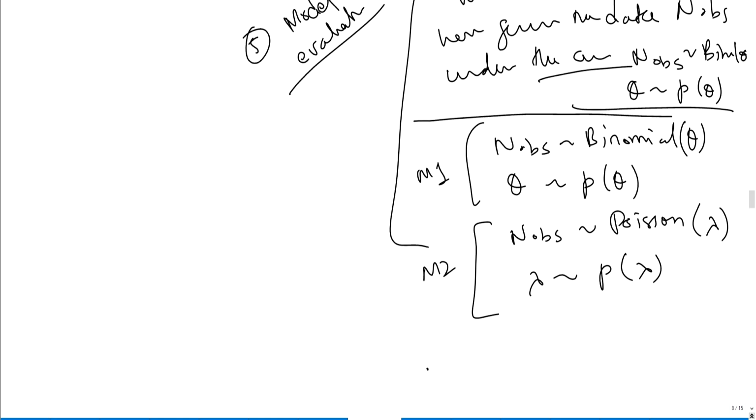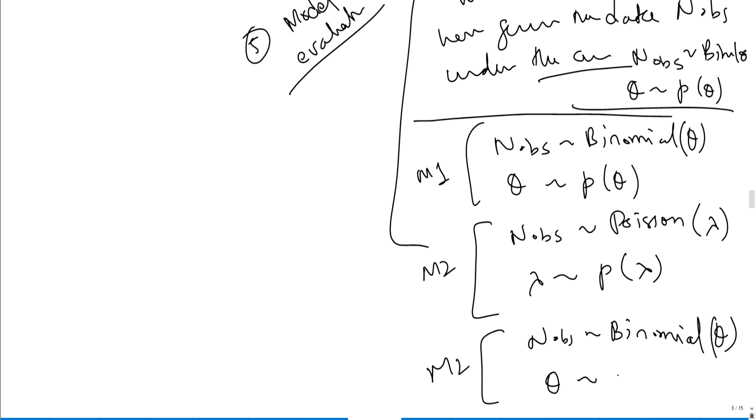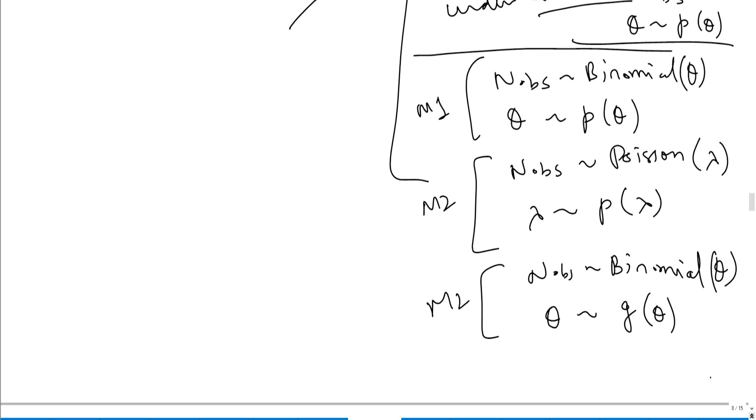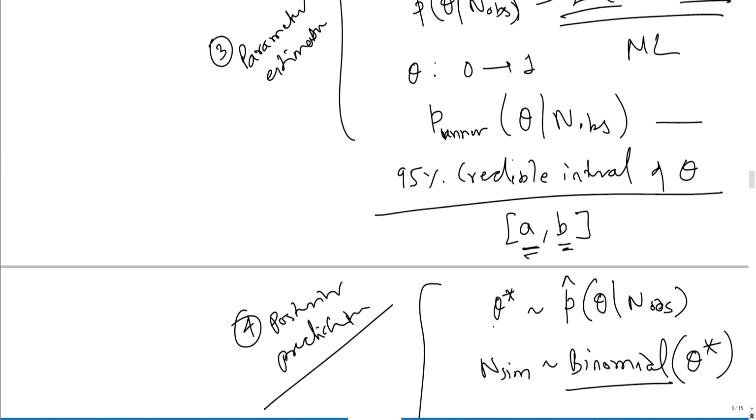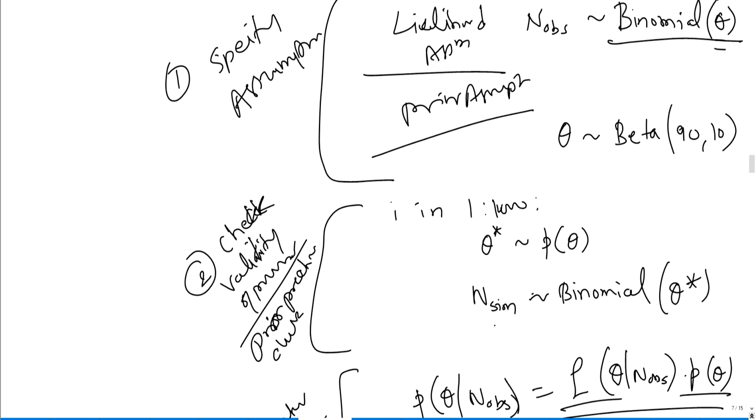Something like this. Or you can also have, let's say, obs comes from binomial theta. So the likelihood assumption is the same, but the prior on theta is different. So the prior on theta is, let's say, g of theta or something. Okay. So let's say this is M3. So this is how you can have competing assumptions and you compare them, and then based on that you make some inference. So this is the whole workflow of Bayesian modeling.